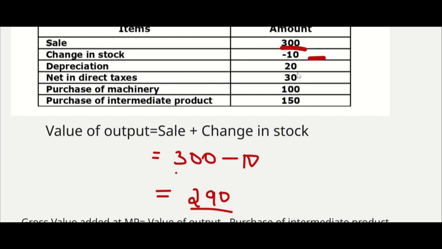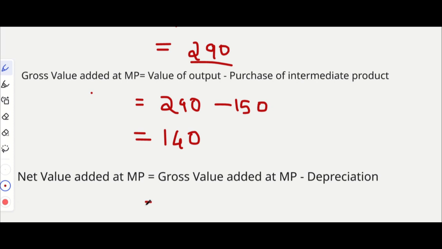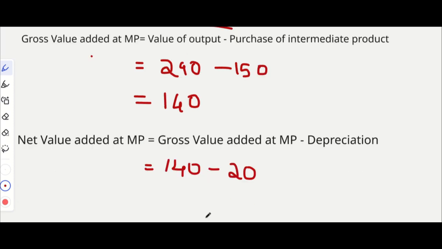So what is depreciation? It is given as 20. So let's substitute it: 140 minus 20, which is equal to 120. So the net value added at the market price will be 120. Is that clear to you? Now it is easy, right?